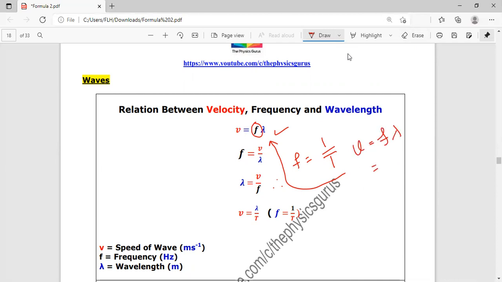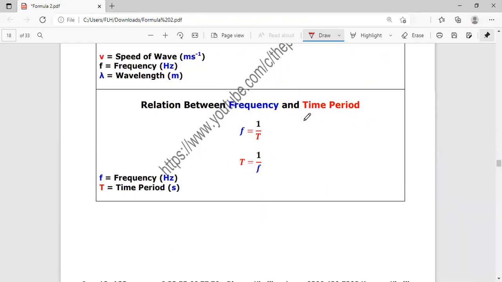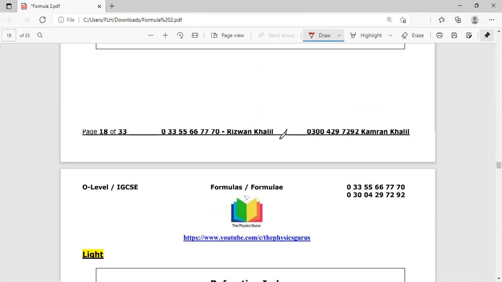In place of f, we will substitute 1 over T. Then therefore, V is equal to lambda over T. So this formula is there. Then relation between frequency and time period, already we have studied that f is equal to 1 over T or T is equal to 1 over f. So there is an inverse relation between these two parameters or quantities.